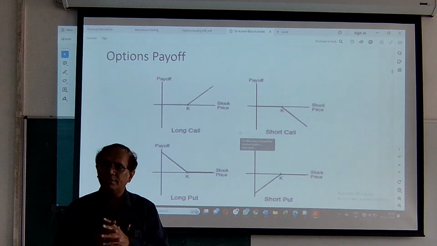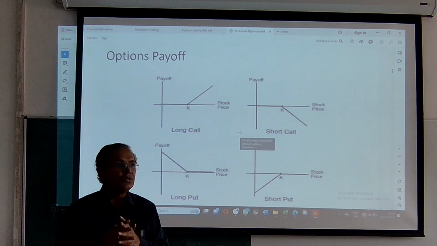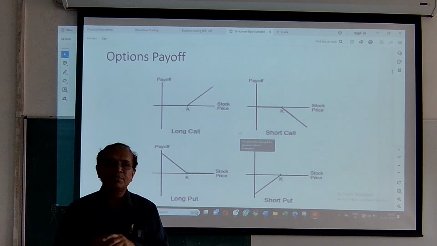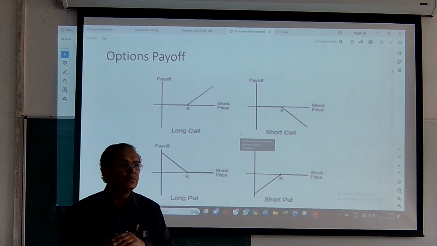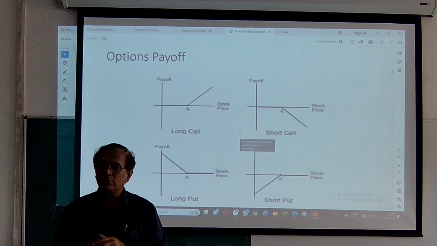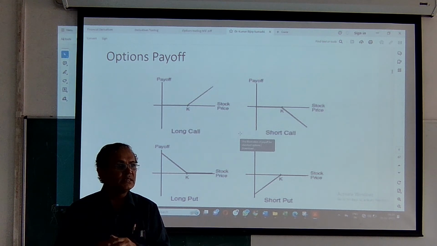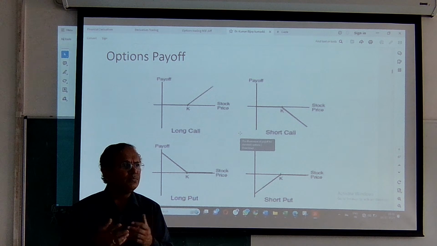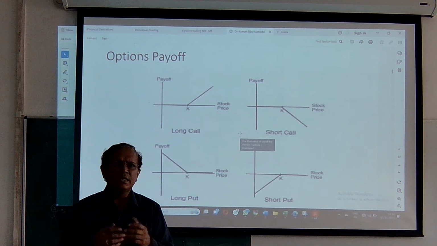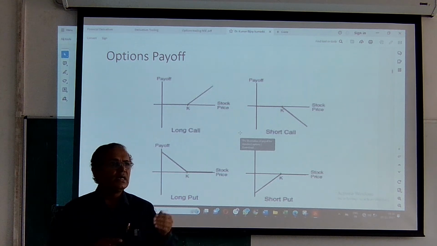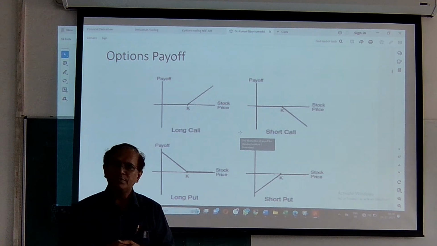For example, we were talking about USD. Let's say the existing spot price of USD right now is suppose 83 rupees 16 paisa. So 83 rupees 16 paisa is the price, but you need USD. Maybe being an importer, you have to make a payment or you require USD, but at a later stage, not now.